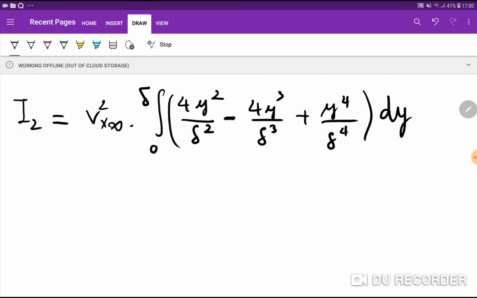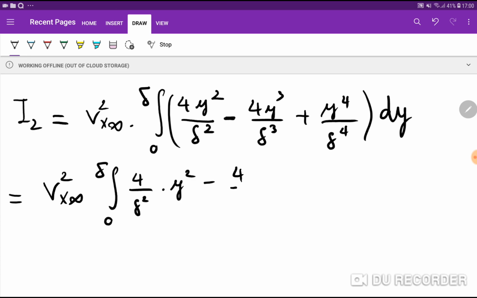Remember this is dy, so y is the variable and the rest you treat as constants. So I'm going to separate y on one side for easy integration: 4 over delta squared times y squared minus 4 over delta cubed times y cubed plus 1 over delta to the fourth times y to the fourth, dy.